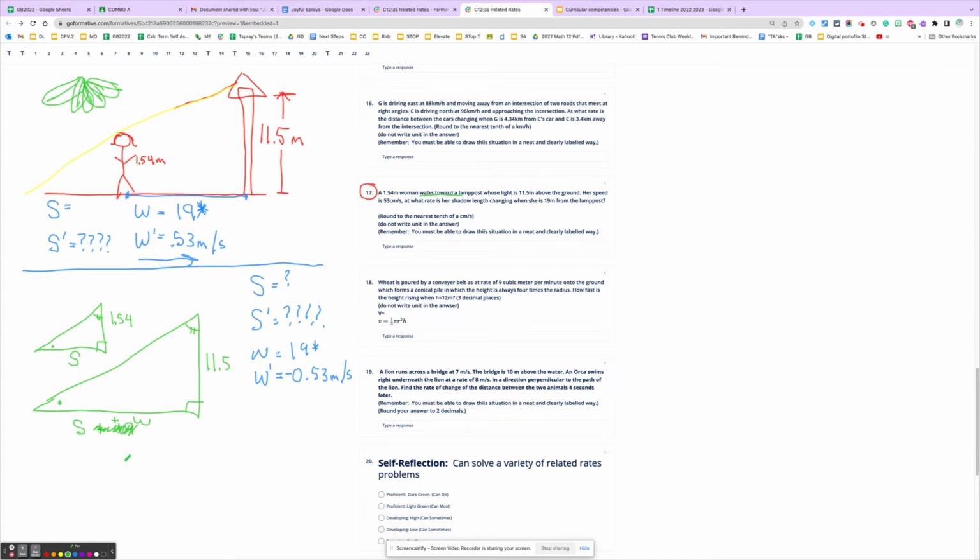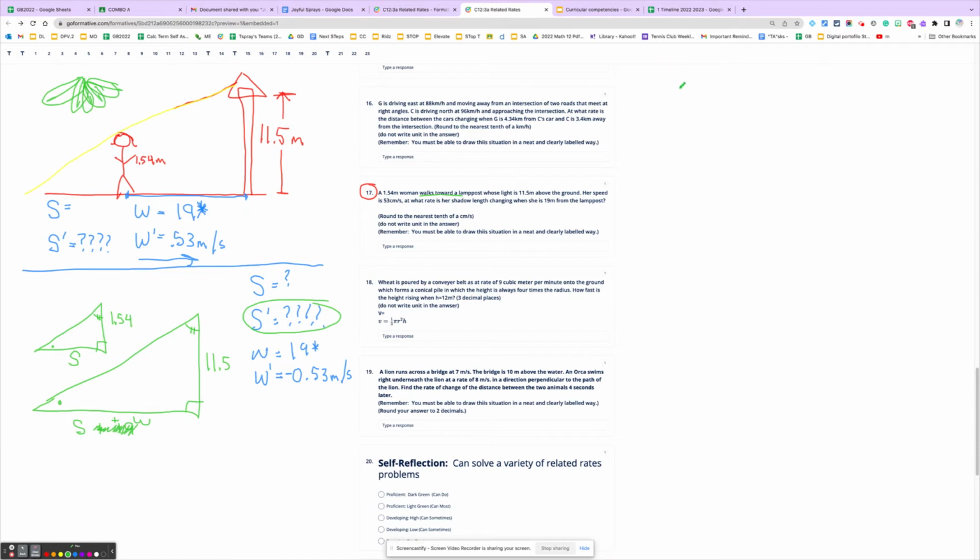Okay. So when I look at this, I'm thinking, okay, I got two similar triangles. The 1.54 corresponds to 11.5, and I'm trying to figure out how quickly S prime is changing. Okay, so what I'm going to do it over here where I have a bit more space.